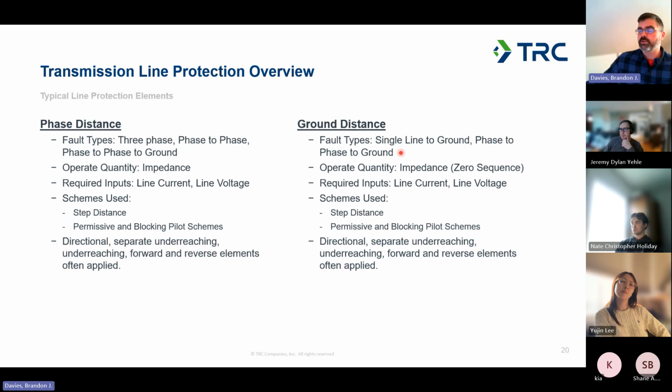Ground distance is very similar, except it uses zero sequence quantities. And it operates for faults involving ground, so single line to ground or phase to ground faults. But it would be very similar in all the other aspects of the types of stuff that we talked about for phase distance.